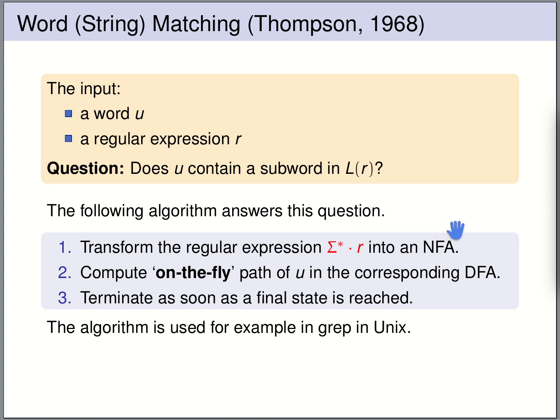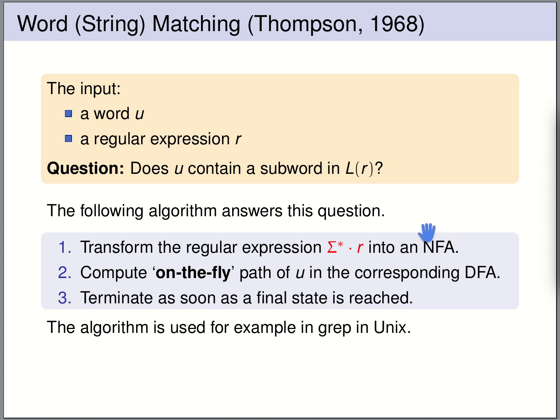Now we have constructed our non-deterministic finite automaton for this language, and we are now going to check whether there is an accepting path in this automaton for the word U. And how are we going to do this? We are going to use an on-the-fly construction of a deterministic finite automaton.